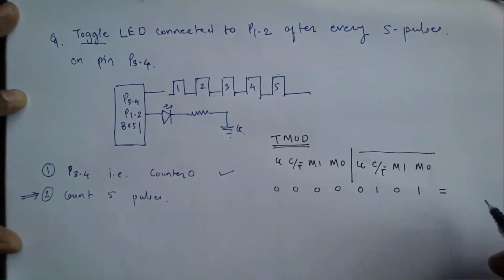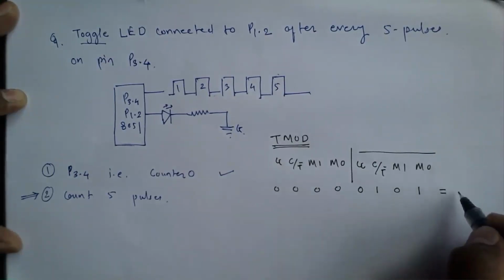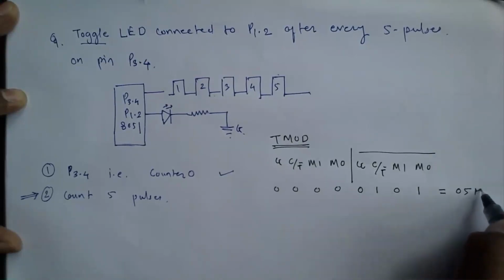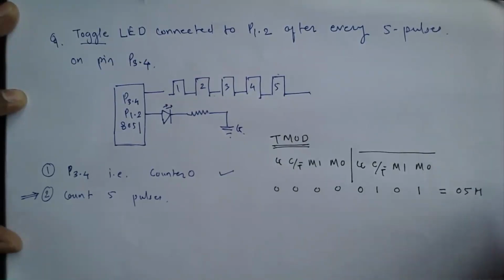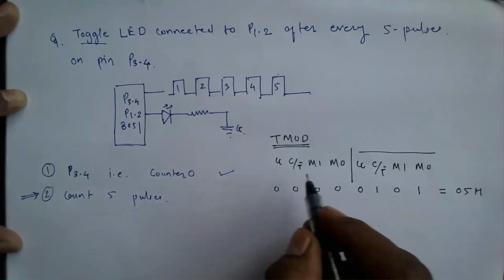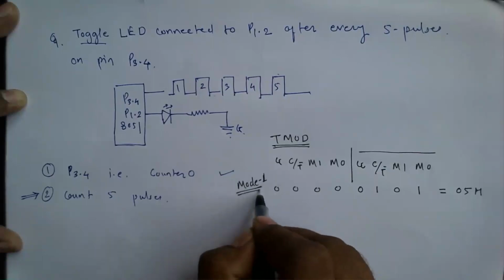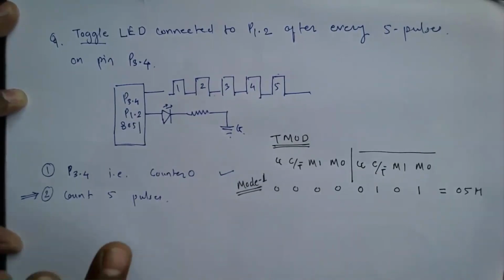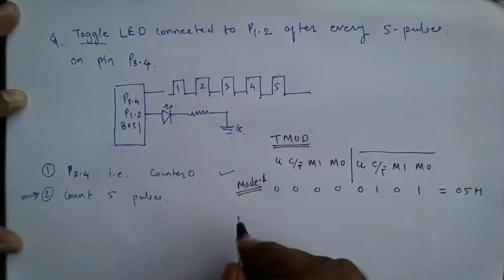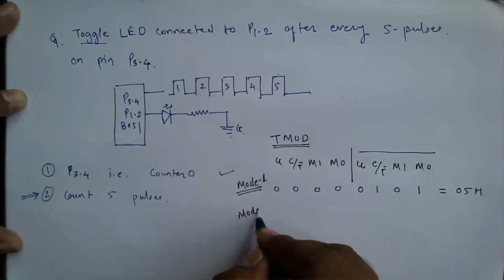ठीक है, तो ये कितना हो गया वैल्यू? Yes, anybody? What is this value? 05H. Okay, right? This is using mode 1. ठीक है, let me just add a little bit of variety in this problem and let's try to do it using mode 2.